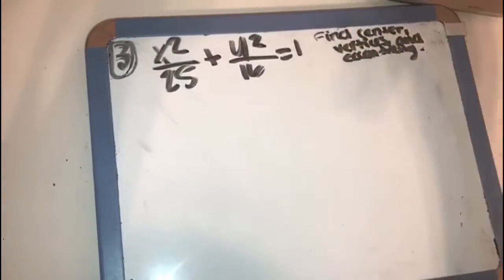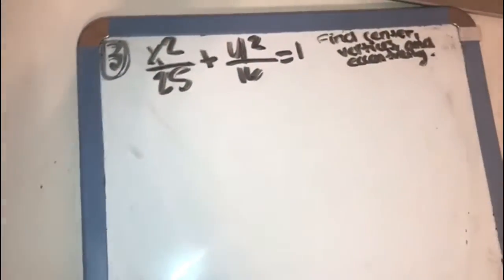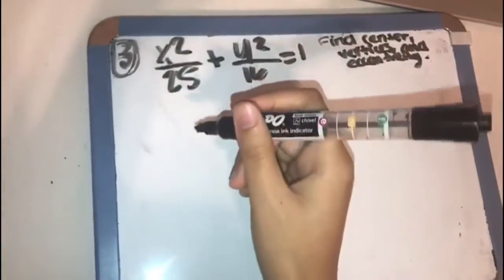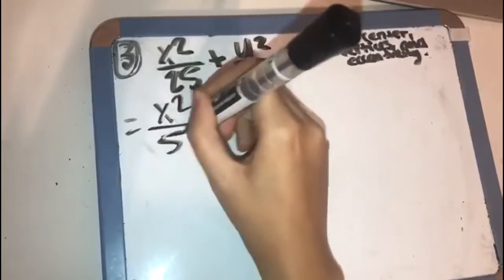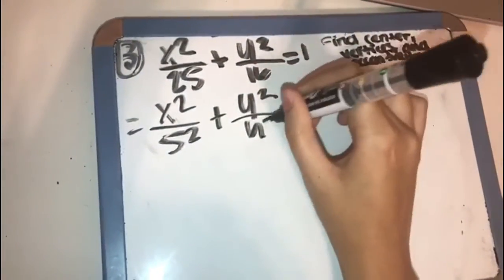And then when you try squaring it, because in the original formula it's always a squared plus b squared, that's why it has a bigger number than usual. So it will be x over 5 squared plus y squared over 4 equal to 1.